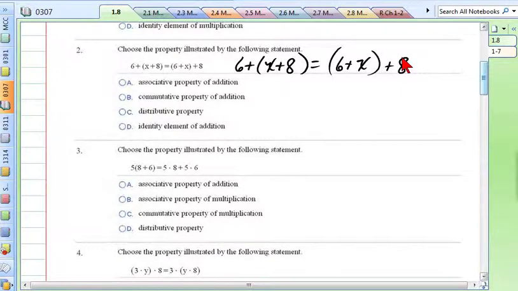Okay, now, did anything commute? Did any of the numbers or letters move? No. What changed? The groups, the parentheses, the groups changed. What is it called when the grouping changes? Associative. So for this question, it is choice A.